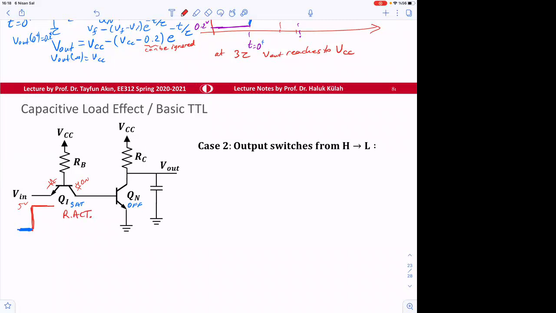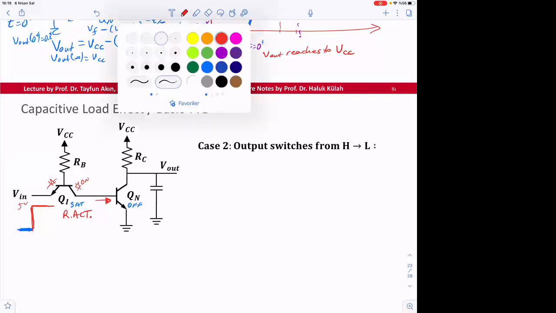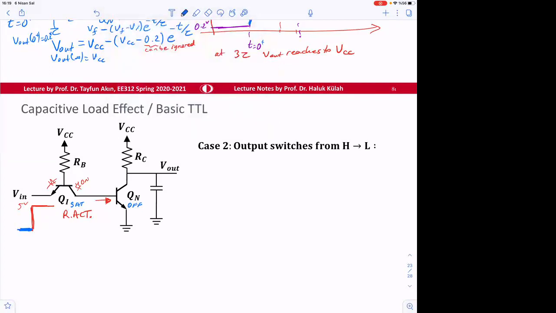Okay, so if it becomes reverse active, what about the state of this transistor? It's pumping a lot of current here. Sat. What happens to QN? Saturation. But there's a capacitor in there. So what is that capacitor voltage initially? VCL at t equal to 0 minus.